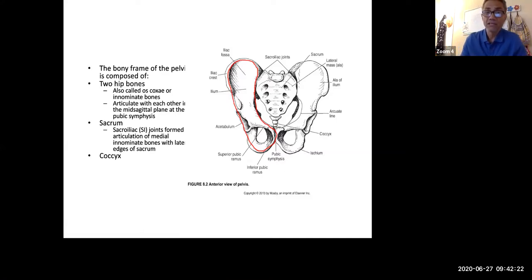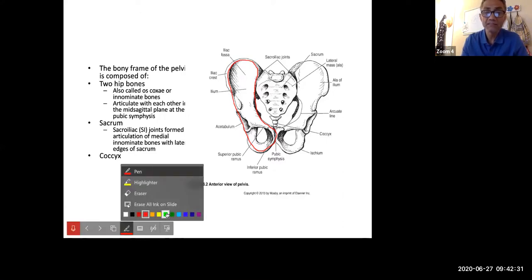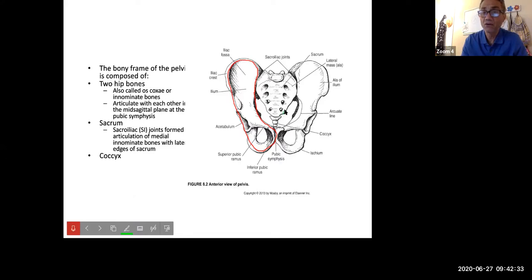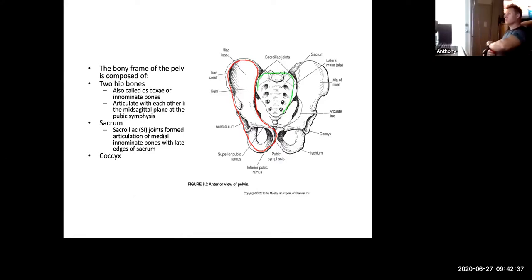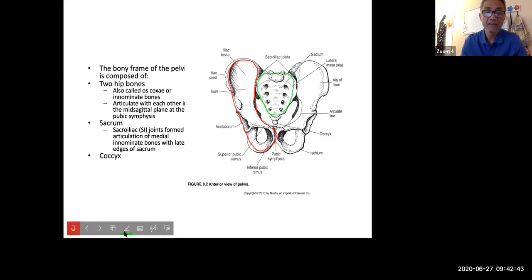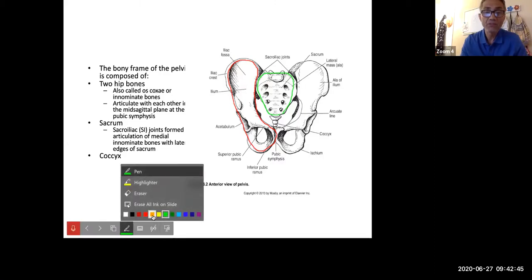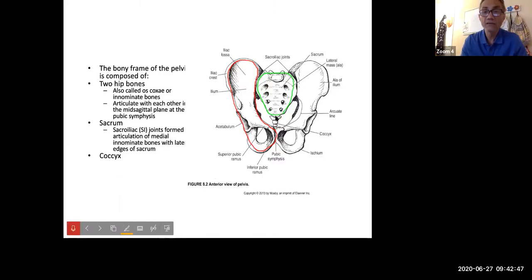Of course, on the most posterior aspect, you are going to see another bone, which represents the spine. We learned about this in the previous semester. You have 5 fused sacral bones, and then 3 or possibly 4 fused coccygeal bones on the most inferior aspect.